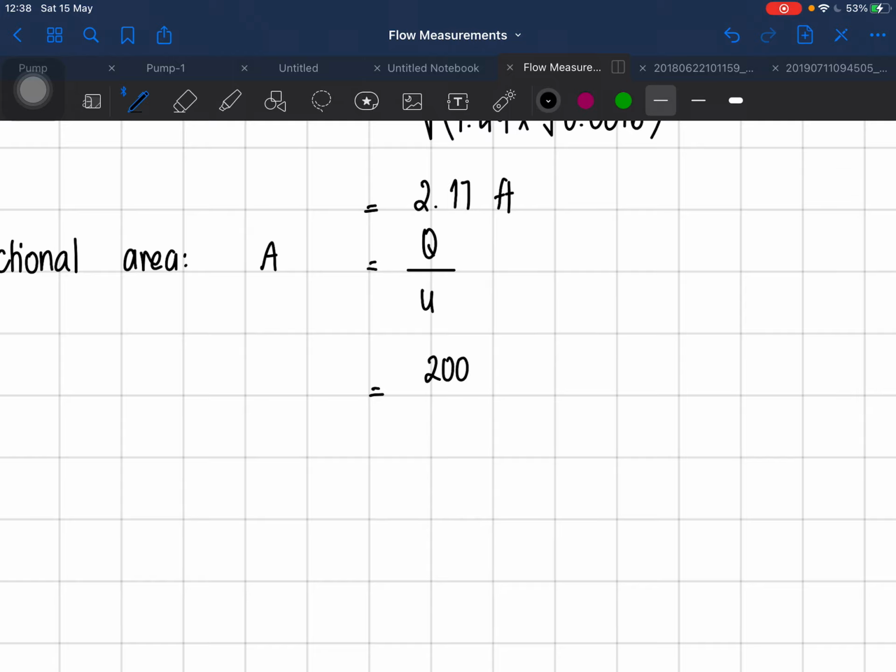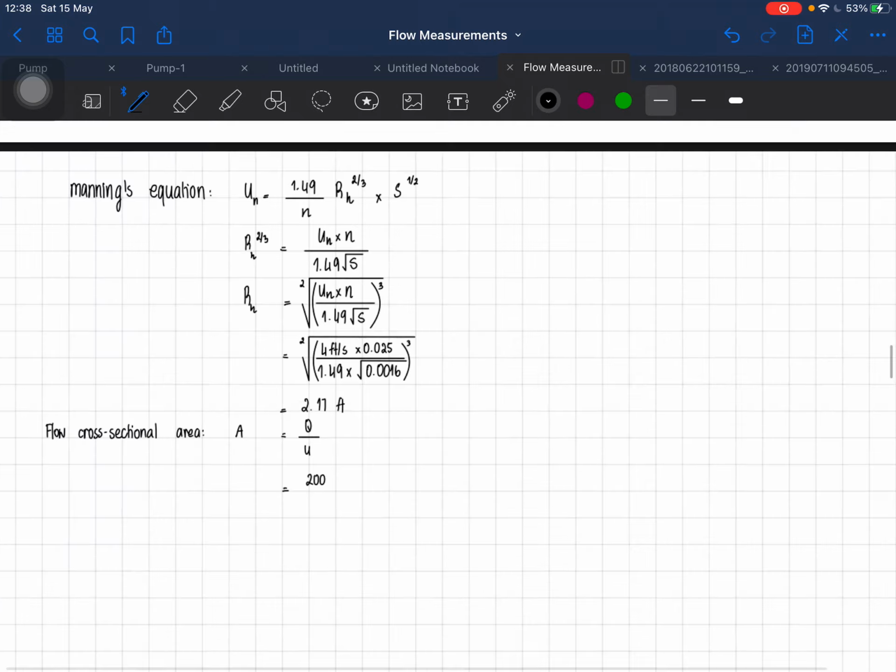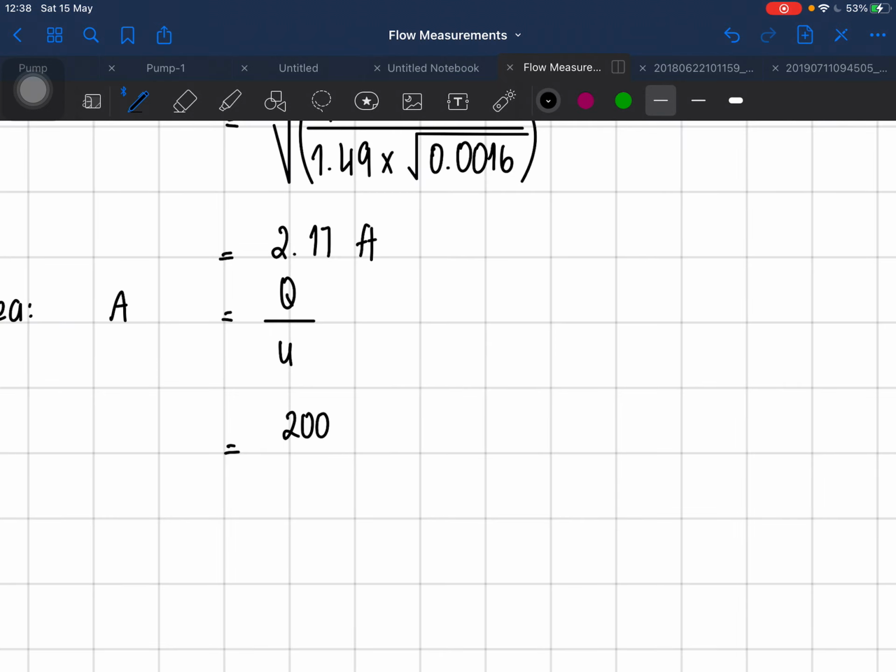Over V, which is the velocity, 4 feet per second. I guess I can predict the answer. It's 50. Yay, it's 50! No, I didn't predict it. I know you guys can also predict it as well.